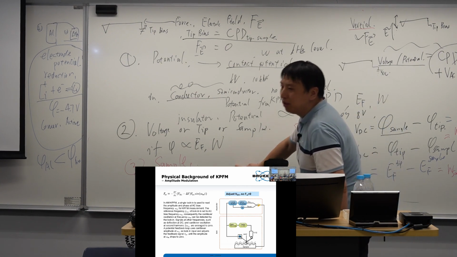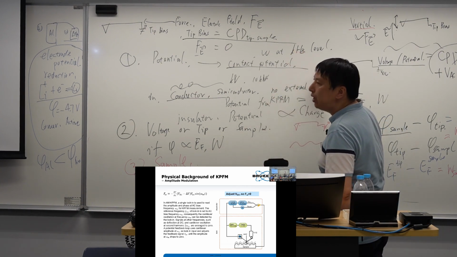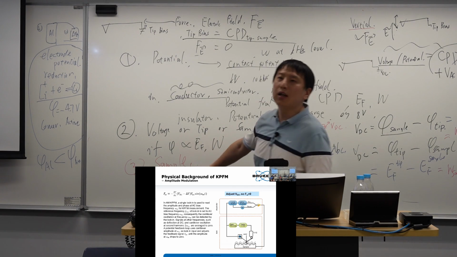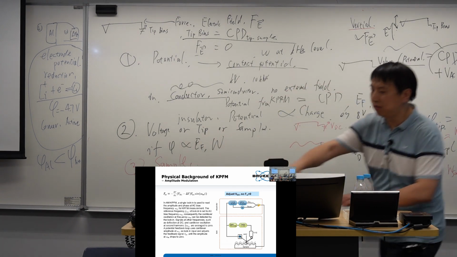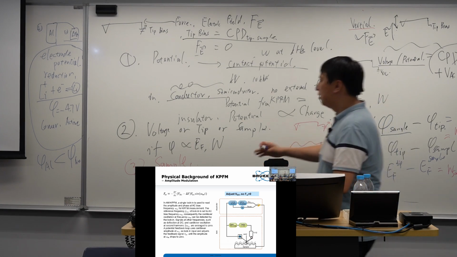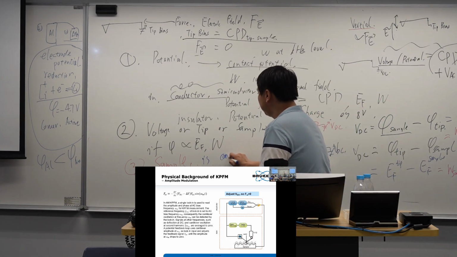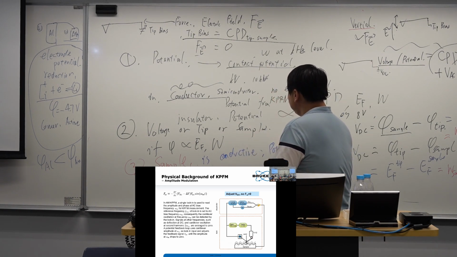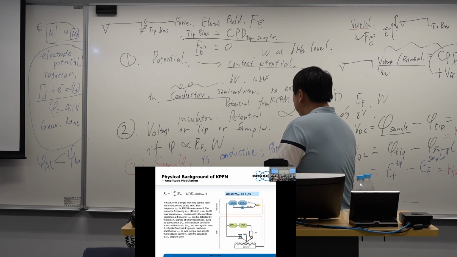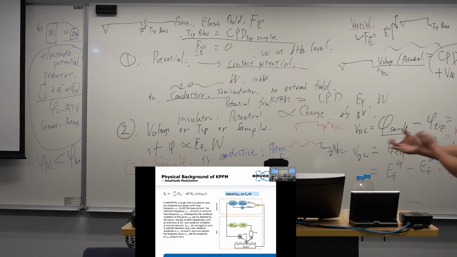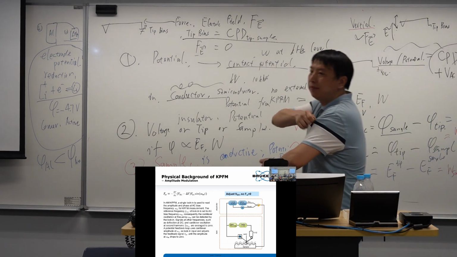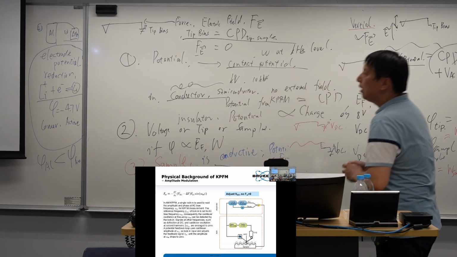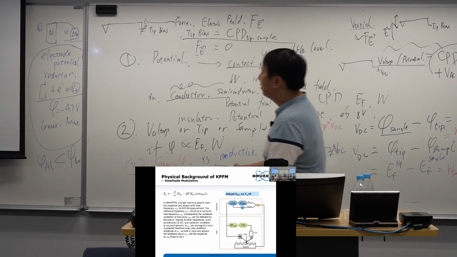Only if you want your potential value to be Fermi level related, the sample must be conductive. I should write it down: the sample is conductive only if your potential is Fermi level related. If not, anything can be measured. You can even measure your sweater. So the sample does not need to be conductive. That's the third one.